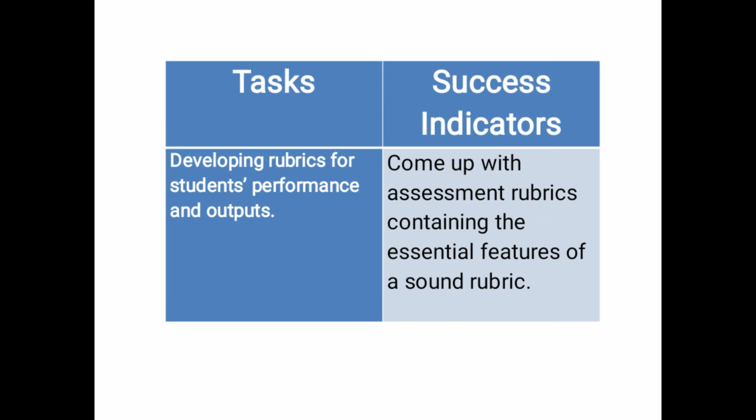As you can see in the table that is displayed, there are two columns, which are the tasks and the success indicators. For the tasks, it states developing rubrics for students' performance and outputs. And in the success indicators, it says to come up with assessment rubrics containing the essential features of a sound rubric.